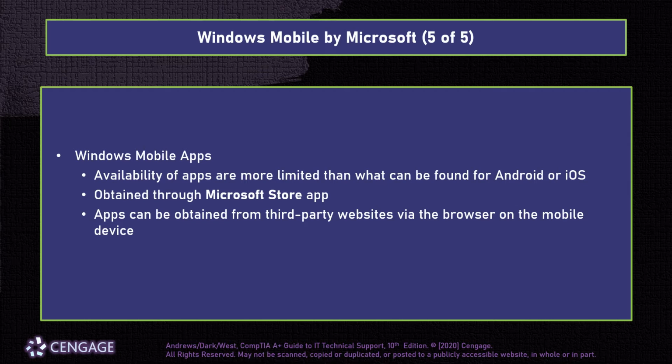Now, Windows mobile apps are a little bit more limited because, whenever you program something, and this is something that you'll learn as a programmer if you get into it, so if you take CIS 115 or what have you, you'll see that the steps for producing a packaged application that can be read by one of these operating systems is a little bit involved.